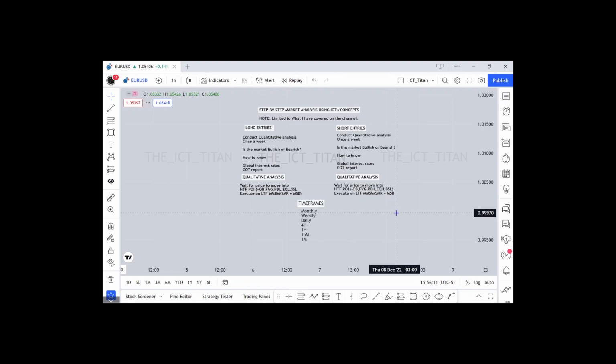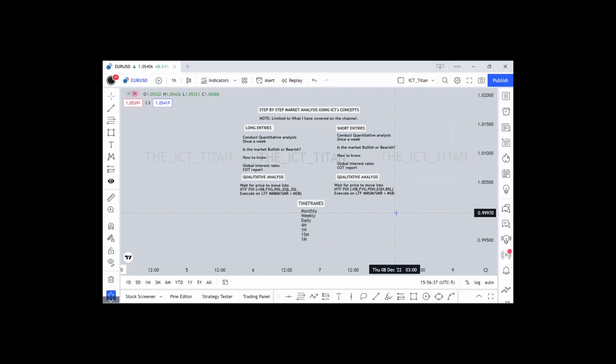Today we want to go through step-by-step market analysis using ICT's concepts. But before then, I'd like to make assumptions on some ideal concepts that we will find useful during this analysis.